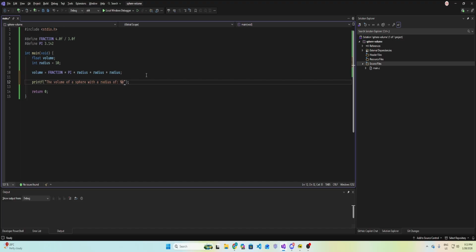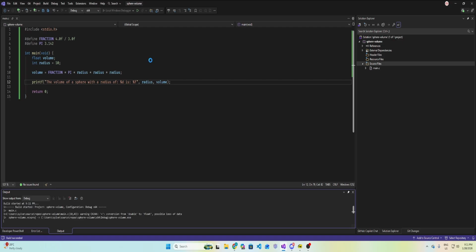Let's put a float. This is a float. What am I doing? Float. Okay. Then we pass in radius first, and then volume. Okay, let's see.